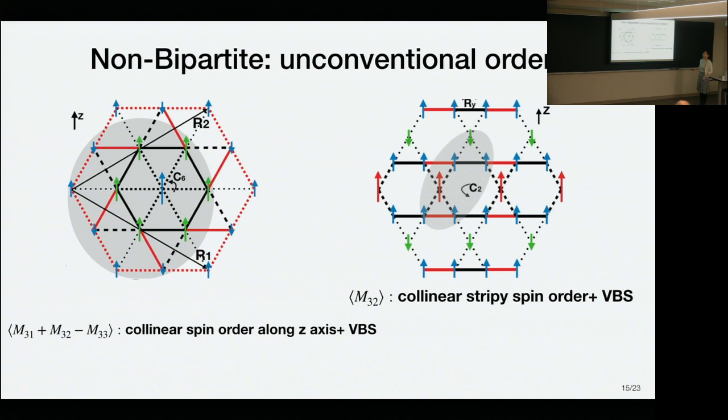However, they preserve a U1 subgroup of the SO3, namely the magnetic order is always collinear. And here are some schematic plots of these orders on triangular and carbon lattices.